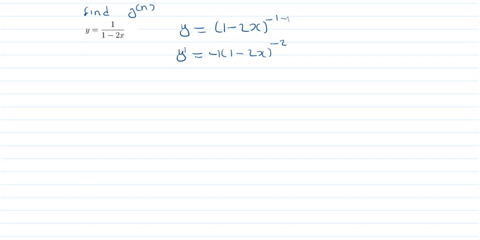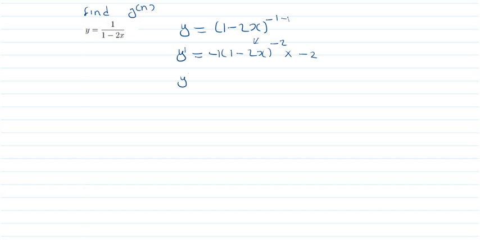And since it's a function in a function, we also differentiate the inside, meaning you multiply by the derivative of the inside, which is negative 2. You notice that this negative and this negative can cancel out to be a positive. But before that, let's check the next derivative to see if it will be the case also.